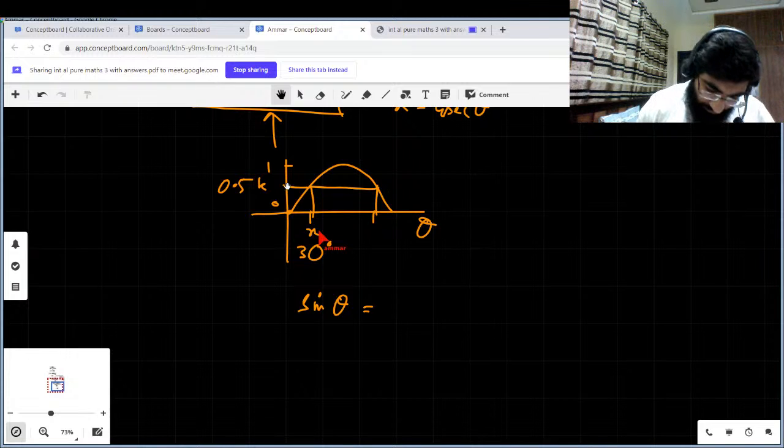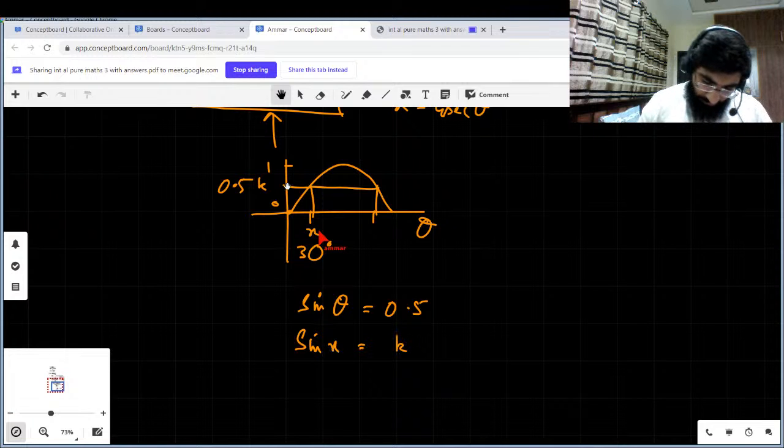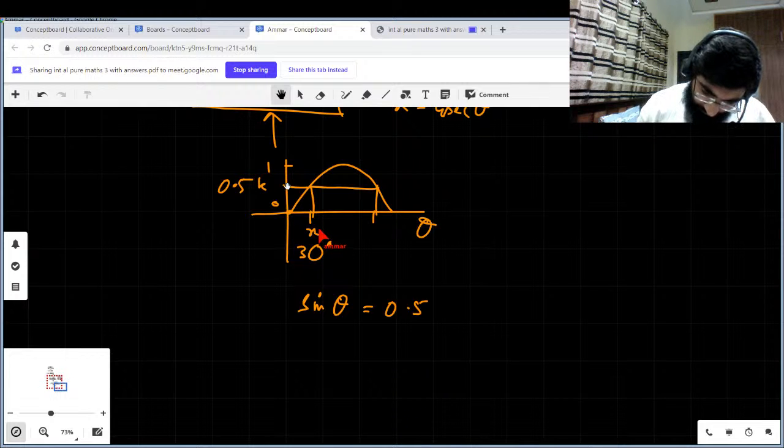This is the same as writing sine x is equal to k, so I'll write it parallel to this one in different ink: sine x is equal to k.